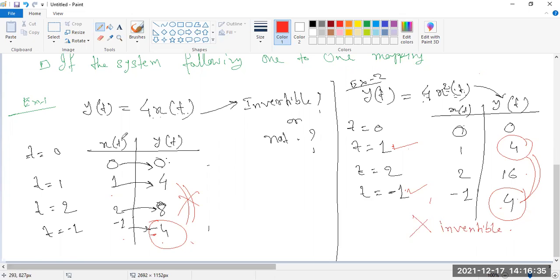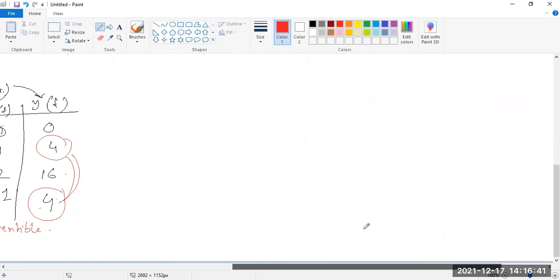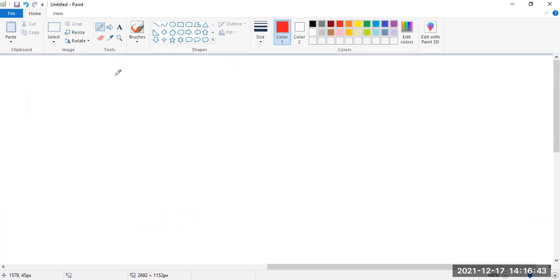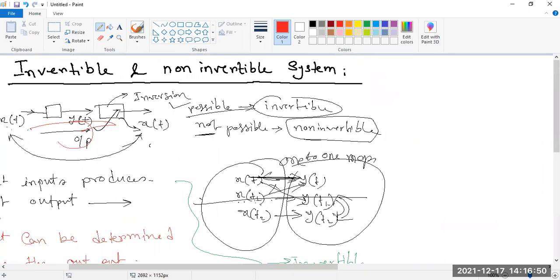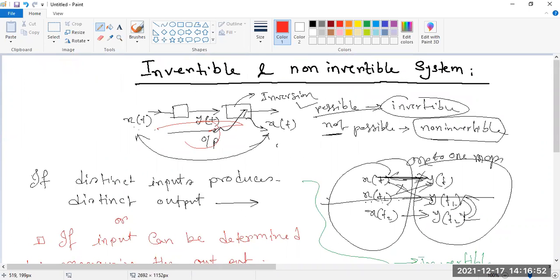Okay, so in this way we can understand these things. Again, from the very beginning, the first thing is: if after getting the output we are able to design an inversion process which yields the same thing, then we can say it is invertible.